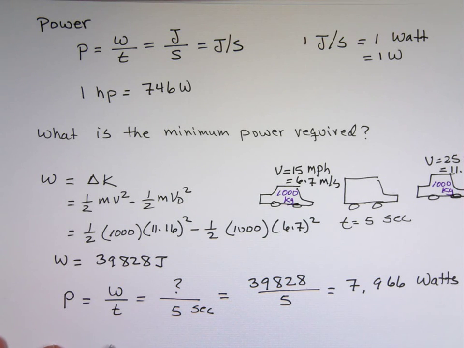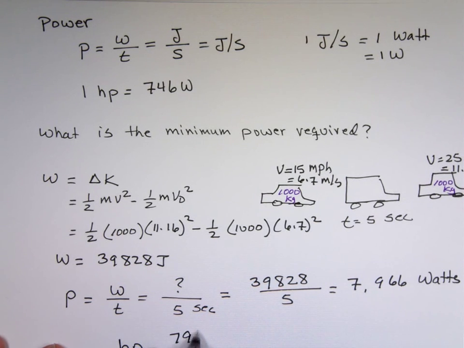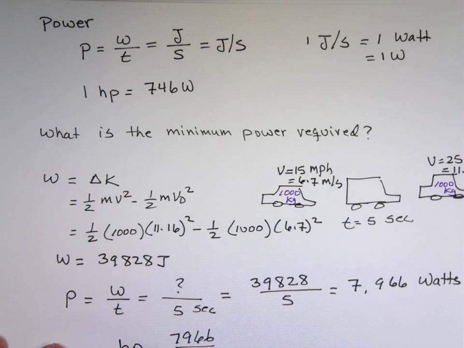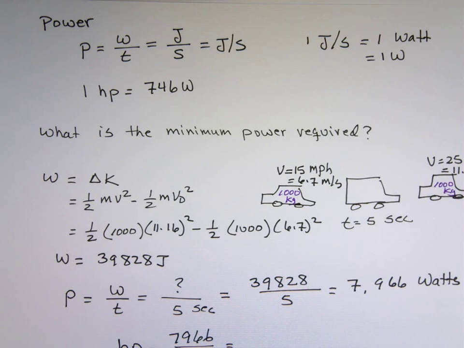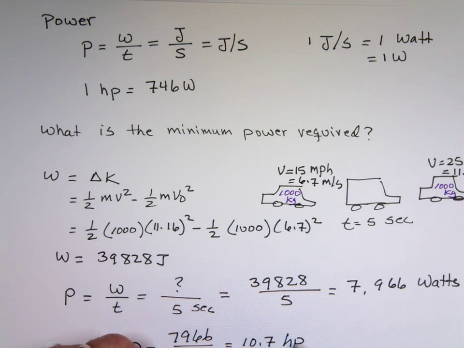So what is the power in horsepower? We take 7,966 divided by 746, and that tells us how many horsepower we need on that car. 10.7 horsepower. Ten horses and 1 mule. A little bit less than a horse there. So 10.7 horsepower will get us to pass that car at that speed in 5 seconds.